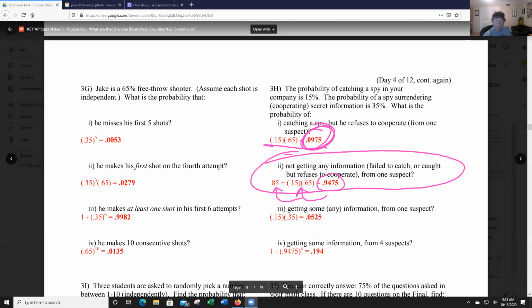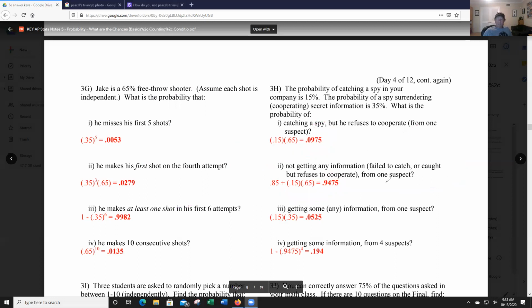So it's actually almost 95% chance of not getting any info. That's a cool problem. I've seen a problem very similar to this in an FRQ. So you might want to take a good look at that one. There is a possibility you would get something like that. Okay.